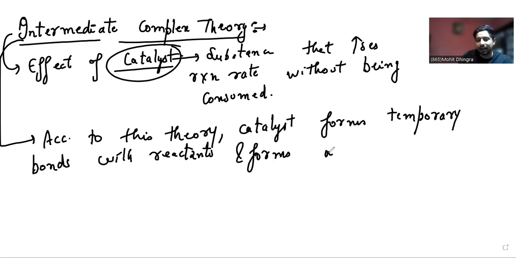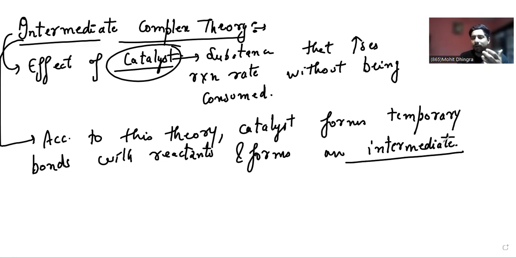What is an intermediate? In a reaction, an intermediate is an unstable complex whose bonds are temporary, and it easily decomposes to give the products. That is the function of a catalyst.